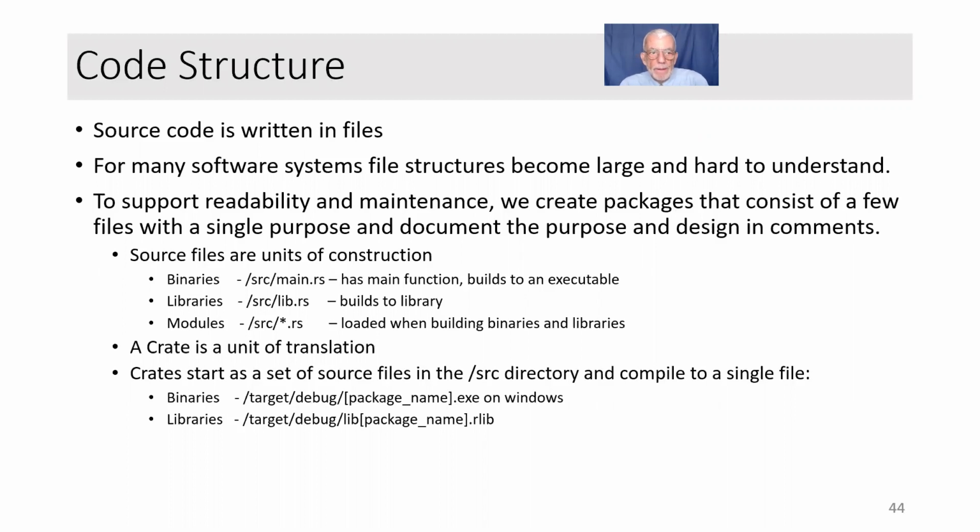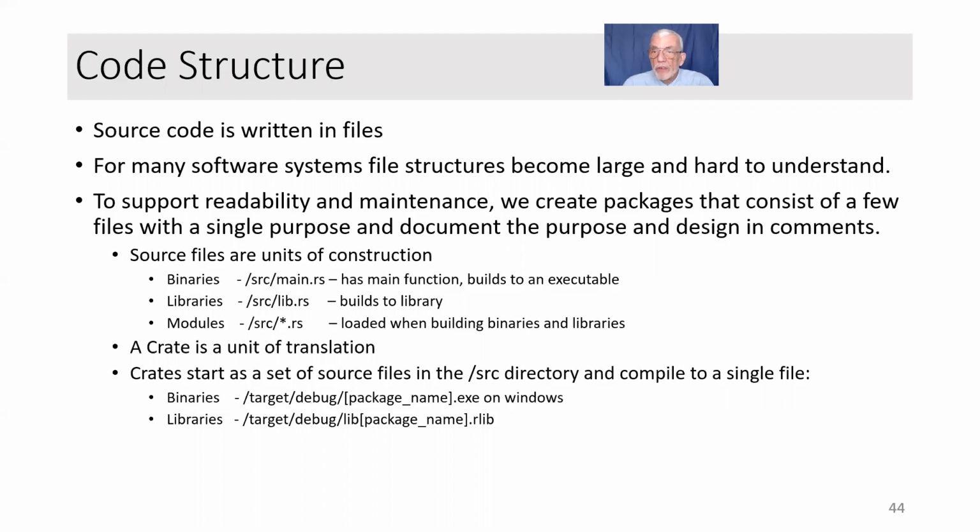And in Rust, a package consists of a directory that's built with the Cargo tool, has a source directory that may hold what the Rust community calls binaries. It means an executable with a main, that's the entry point for the program.